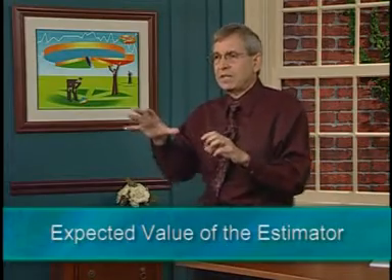And the average, by which I mean actually the mean of the estimates, is called the expected value of the estimator. The expected value of the estimator is the mean of all possible answers you would get by using that estimator for all possible samples, in this case of five numbers.